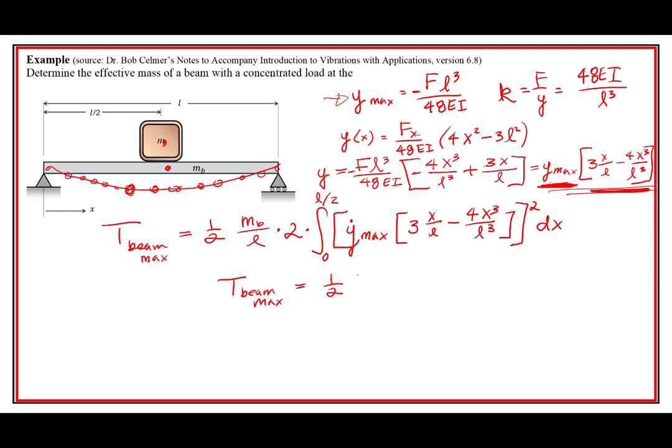I left one of the 1/2s in there, but what I end up finding is a number, 0.4857 times MB, the mass of the beam, times y dot squared max. All right, so remember that we want to go T max equals U max.